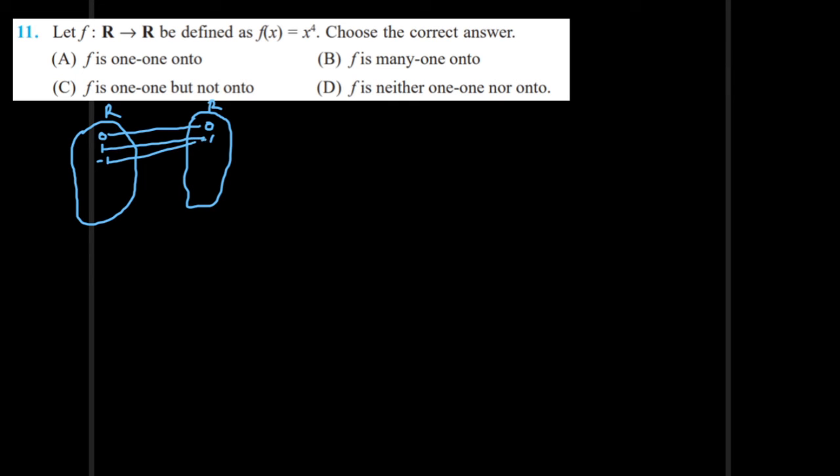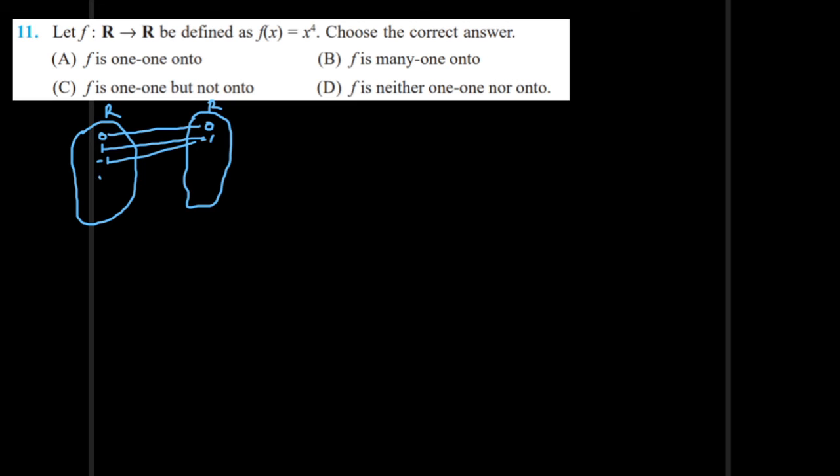Okay, so suppose we can draw this one, this domain R and this codomain. The mapping is fourth power. 0 raised to 4 is 0, 1 raised to 4 is 1, minus 1 raised to 4 also 1.